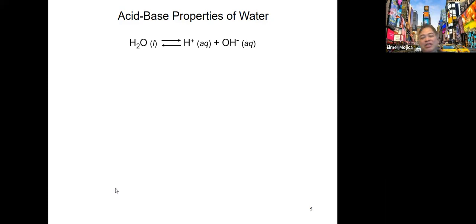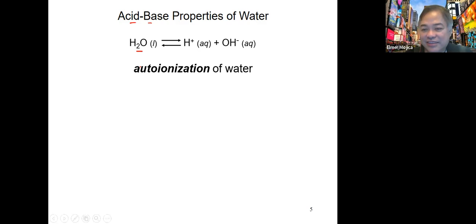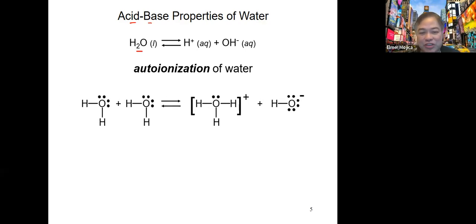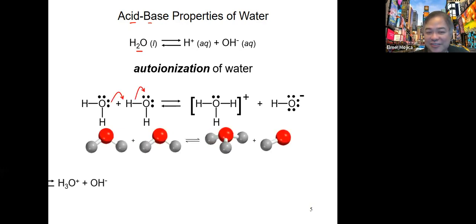Now, what makes water unique is it has both acidic and basic properties. Water can act as an acid or a base. So if you react one water molecule with another water molecule, one of them will act as an acid and one of them will act as a base. So the acid will produce the conjugate base and the base will produce the conjugate acid. Like this.